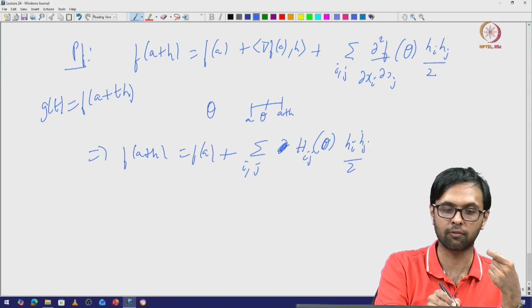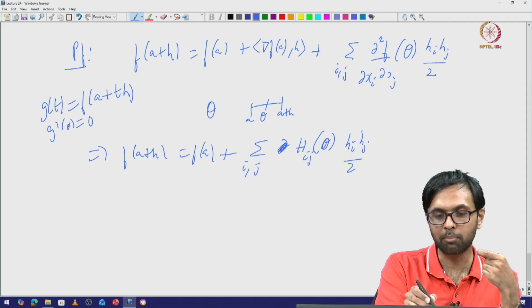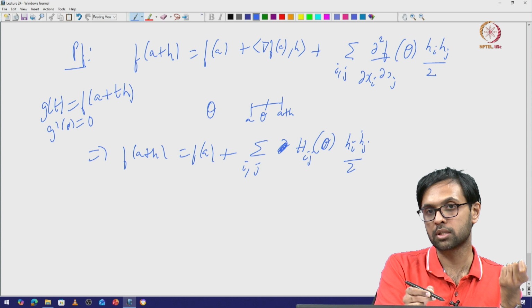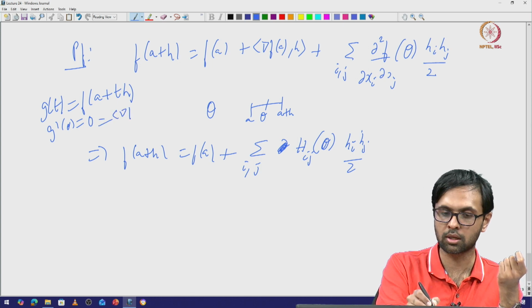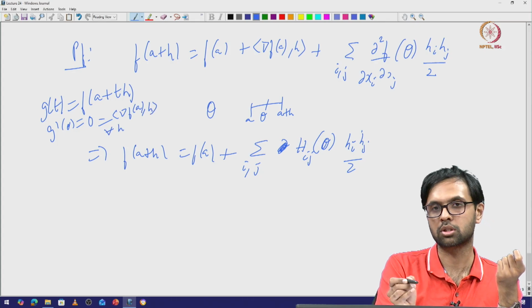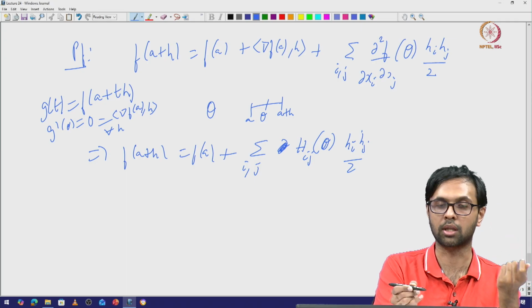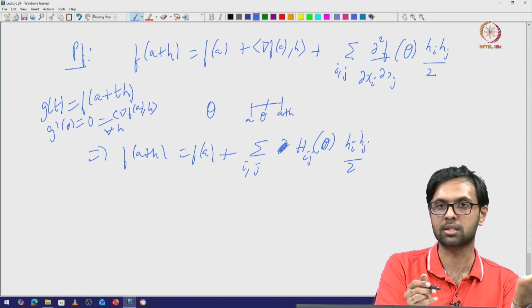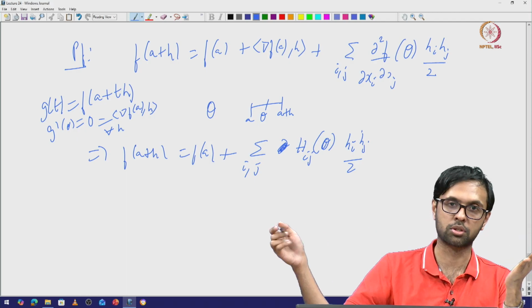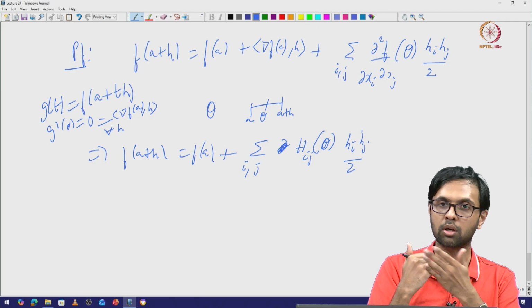So the derivative at 0 is 0, which would mean the gradient of f dot h is 0 for all possible h. And if the dot product with every vector is 0, then the vector itself is 0. You can, for example, take h to be one of the basis vectors, 1, 0, 0, and so on. That will imply that the first component of the gradient of f is 0, and so on.